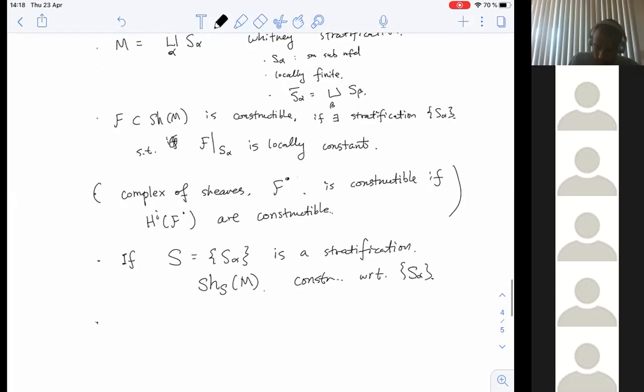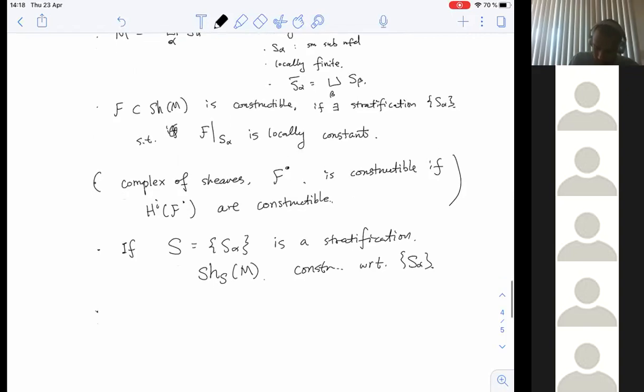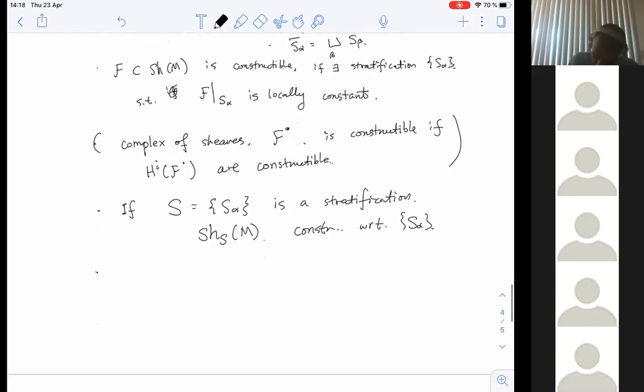But then sometimes we want to have a better control of how things jump. So we will define the singular support of F.